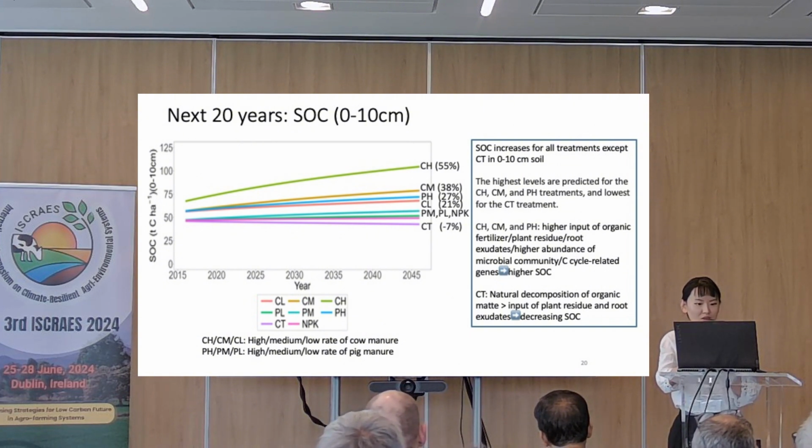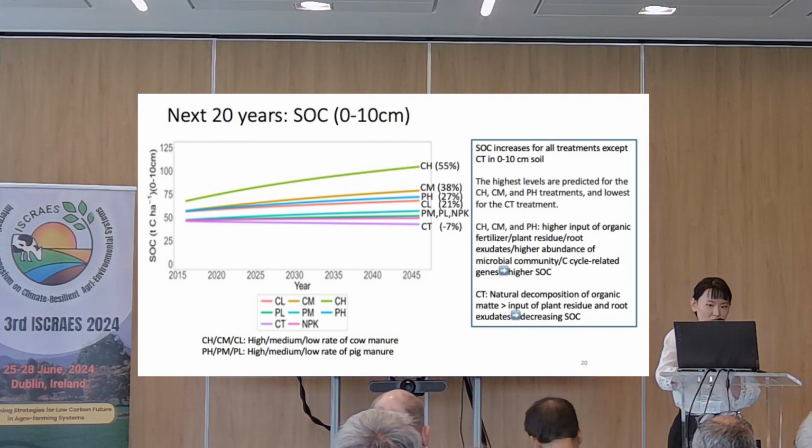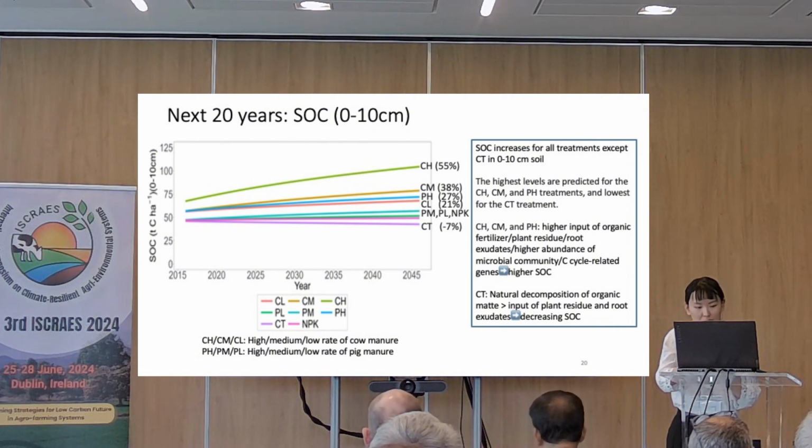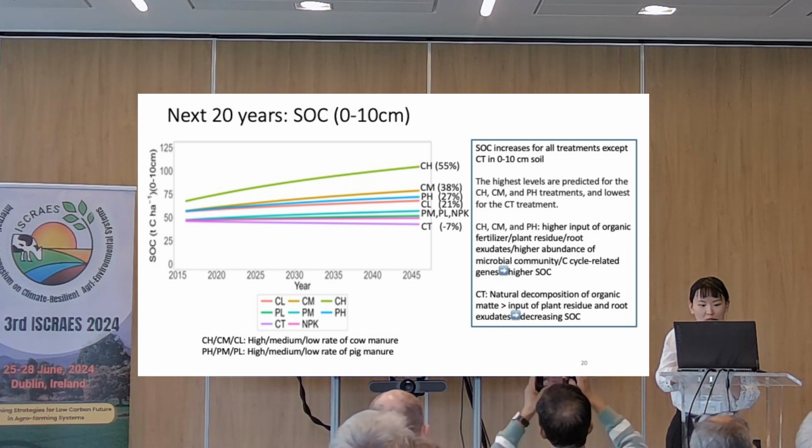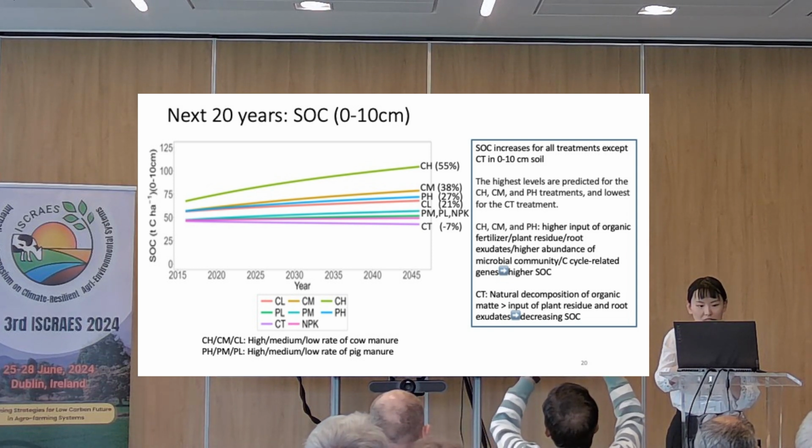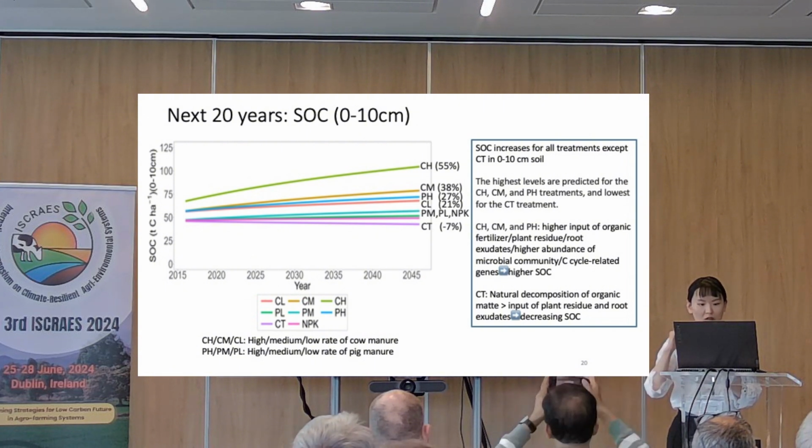So cattle high behaves fast, while this SOC just increases slowly. We can see that all of them will increase except the CT, the purple one. CT is the control. The highest levels are CH, which is cattle high, then cattle medium, and then pig high. And why does the control SOC slightly decrease?